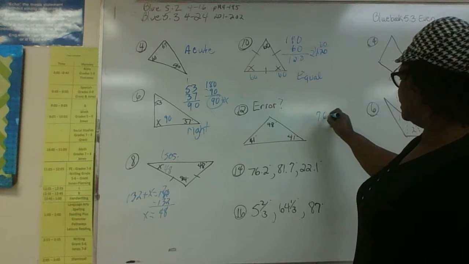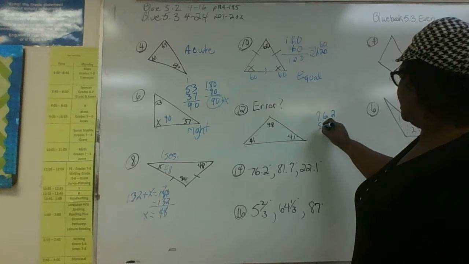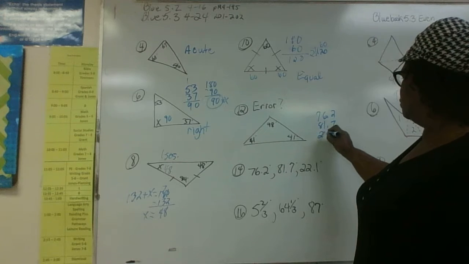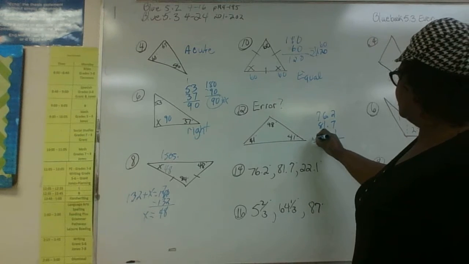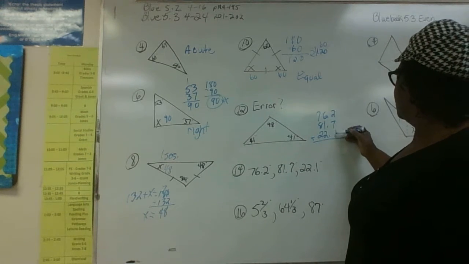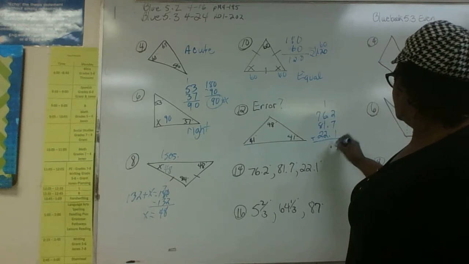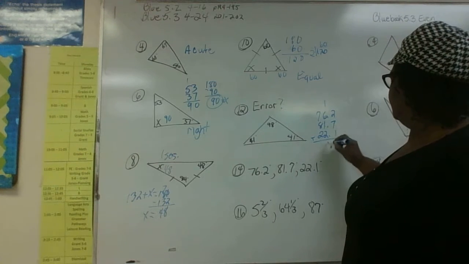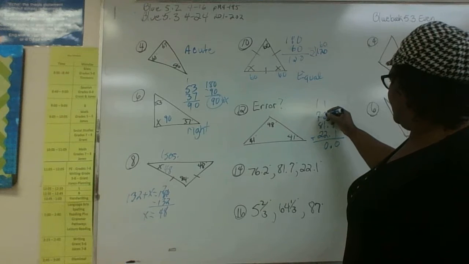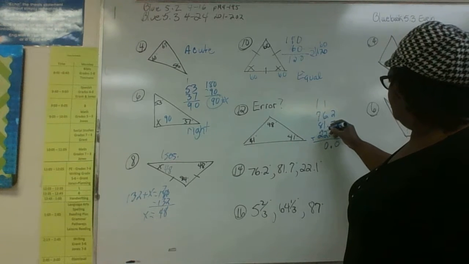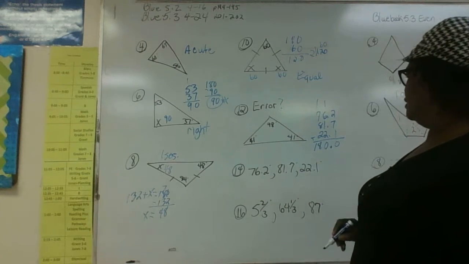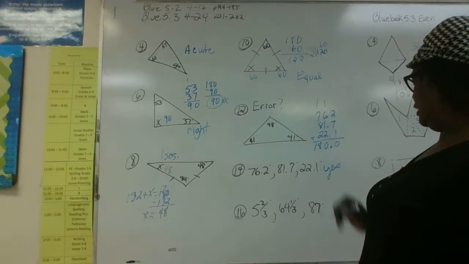We have 76.2, 81.7, and 22.1. When we add them together, 7 plus 2 is 9 plus 1 is 10. That's 8 plus 10, 180. So yes.